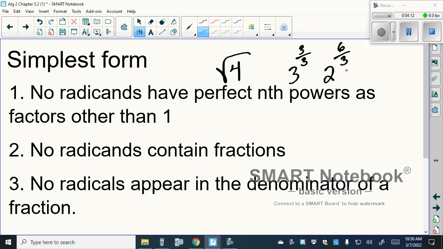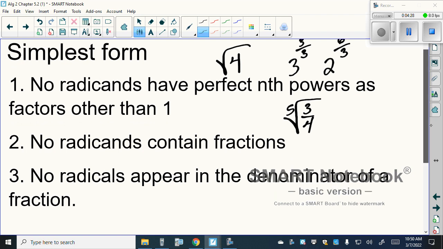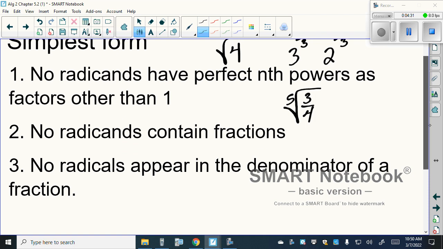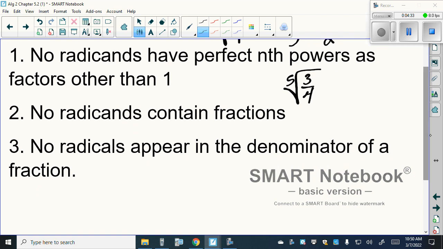The second one is no radicals can contain fractions. I cannot have the 5th root of 3/4. We cannot have a fraction inside these radicals. And the last one, we can't have a radical appear in the denominator. I can't have a square root or cube root in the bottom of a fraction.